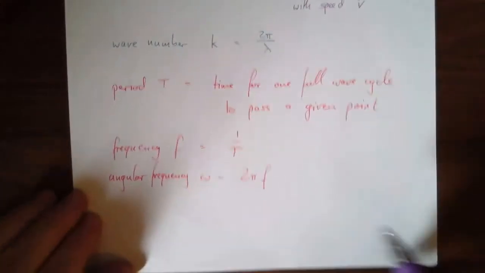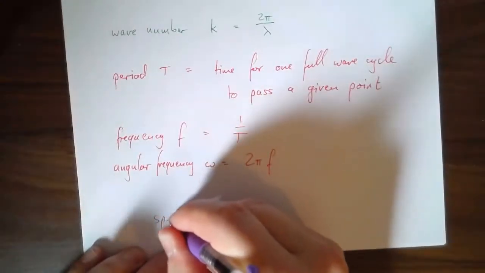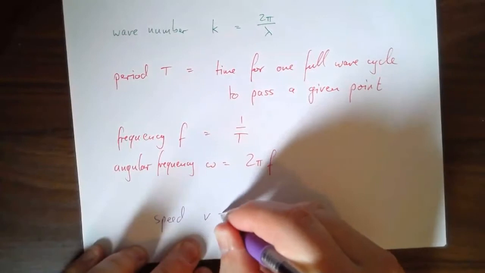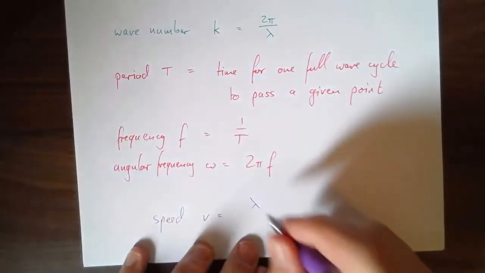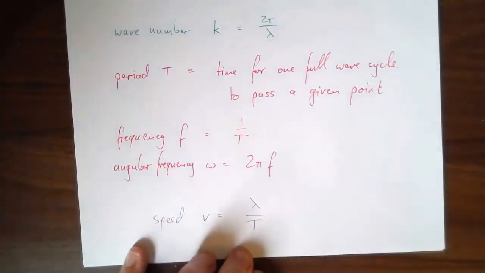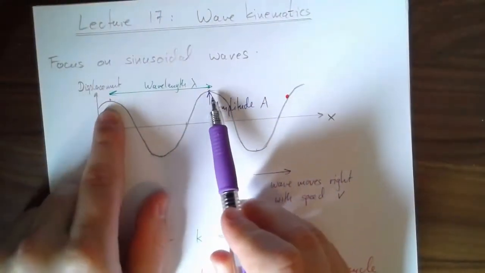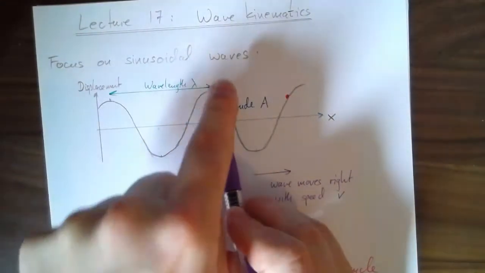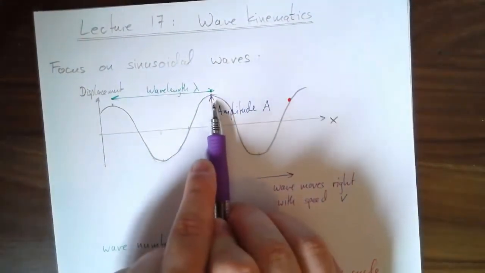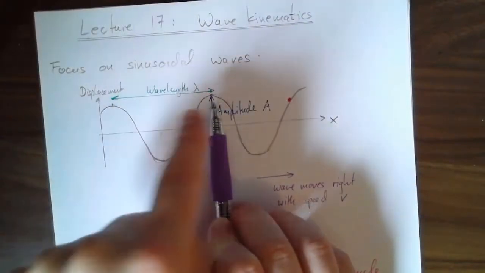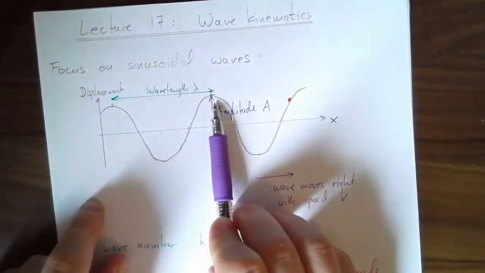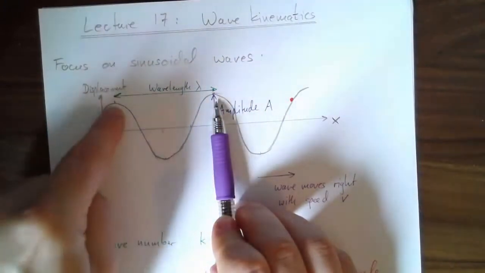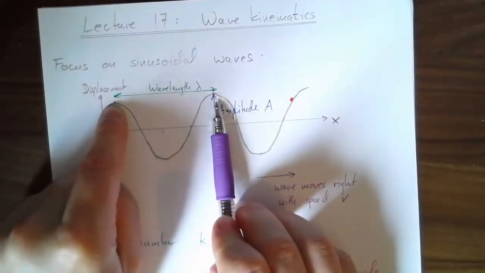So the upshot is that the speed of a wave is the wavelength divided by the period, right? Again, the time for this point to reach this point here, you're standing right here, you're not moving. The time for this point to get to here is exactly one period, because right now at the top, you're waiting for the next top, the next crest.